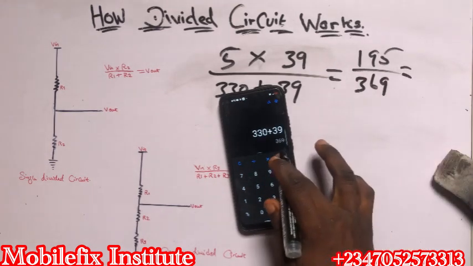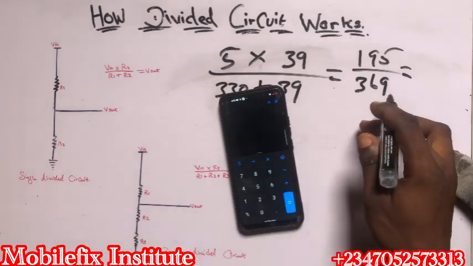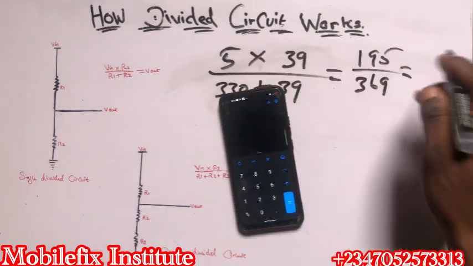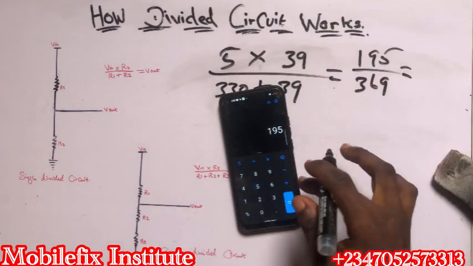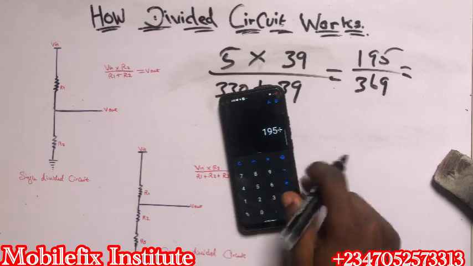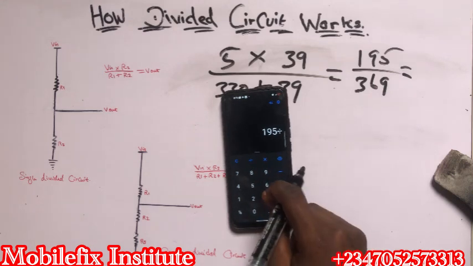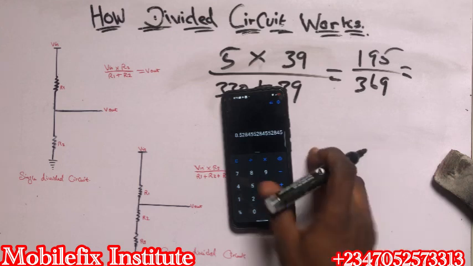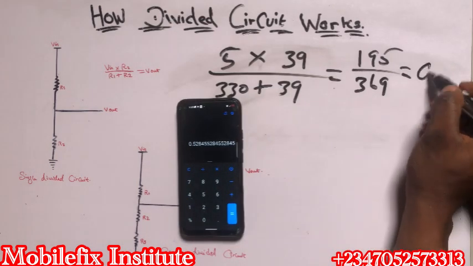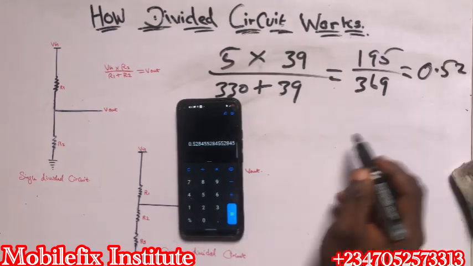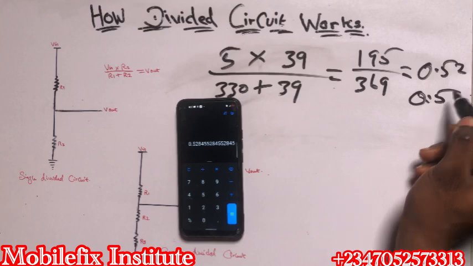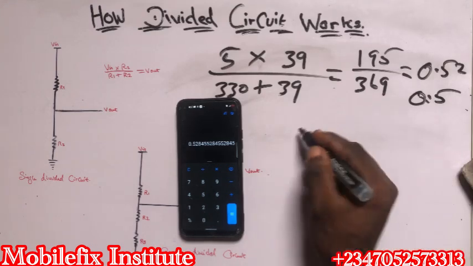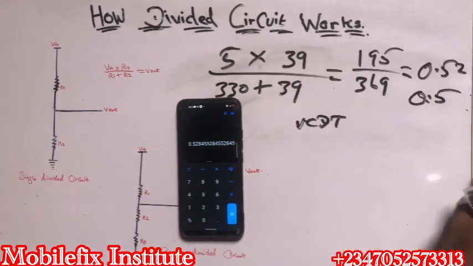So let's see the output voltage. 195 divided by 369 gives us 0.52. You can just put 0.5. So this is the output voltage that the VCDT line carries.